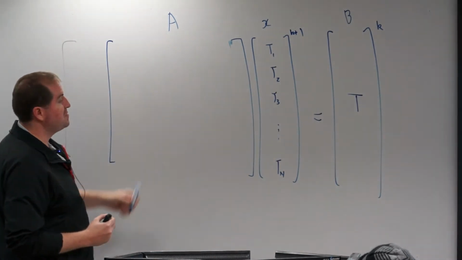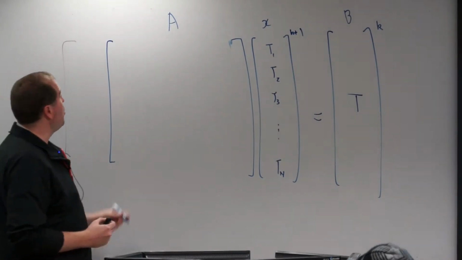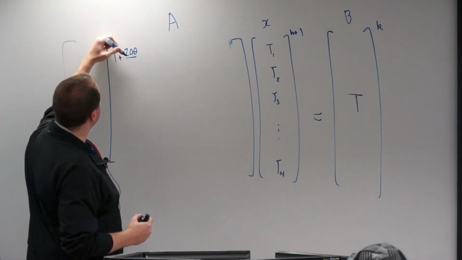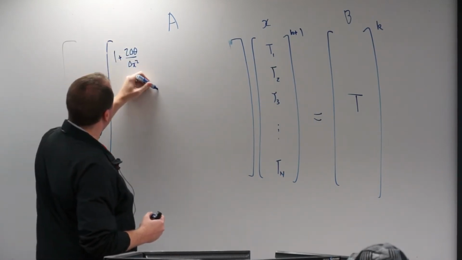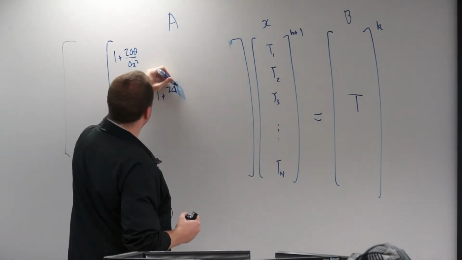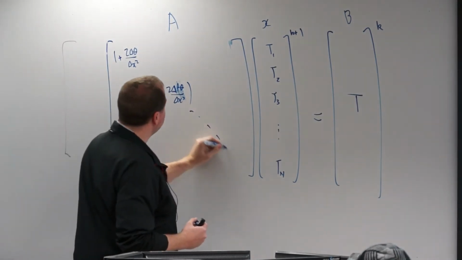And this A matrix is going to be a large, sparse, diagonal system where all of the diagonal terms look something like 1 plus 2 dt theta on dx squared, all the way down here.